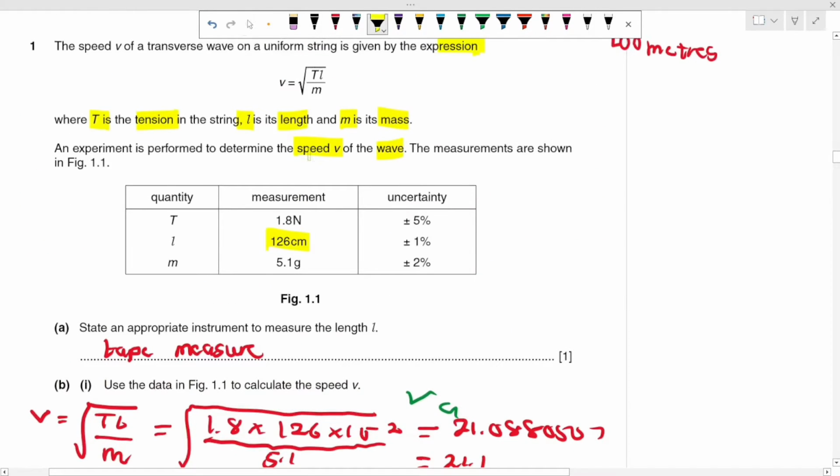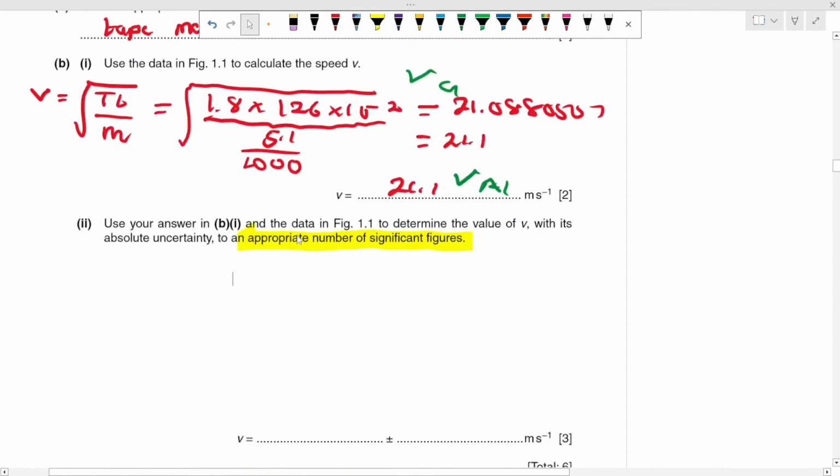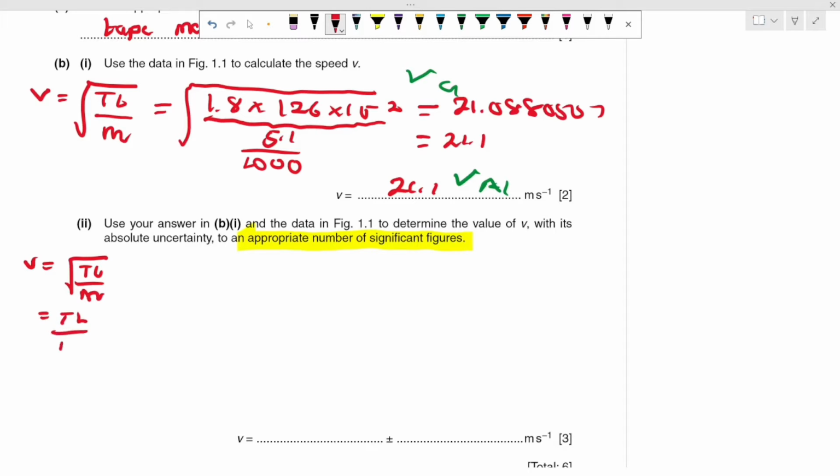So if you go here, we basically have an equation, right? And if you've done uncertainties, if you haven't, we'll explain it. So basically, v is equal to the square root of t times L divided by m, right? This can basically be expressed as t times L divided by m to the power of 1/2, because the square root is to the power of 1/2. So the rule is the percentage uncertainty in v will be equal to, you just add all the percentage uncertainties, or all the fractional uncertainties of everything.